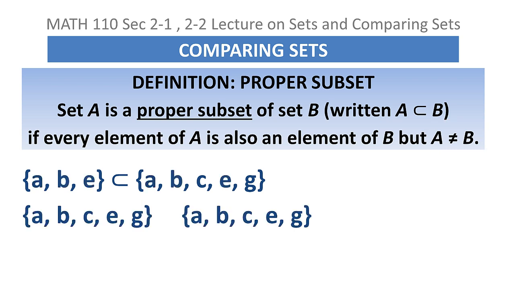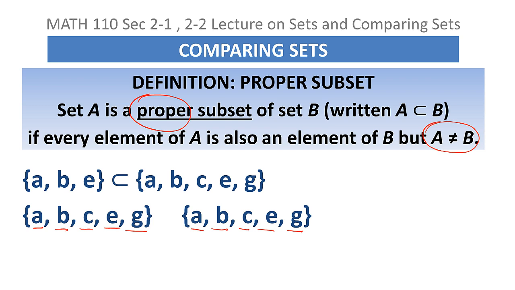How about this one? Well, you have an A on the left, an A on the right, a B on the left, a B on the right, a C on the left, a C on the right, an E on the left, an E on the right, a G on the left, a G on the right. So you say, okay, that's a subset. In fact, we just did it. It is a subset. But it's not a proper subset because a proper subset does not allow equality, and these two sets are equal.